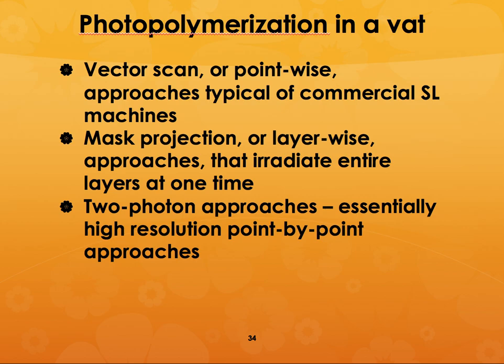Then the platform will shift down by a small amount. Then more resin will pour over your sample, and then the laser will scan the surface, the areas where the part has to be built, and it will keep on doing that till your final part is built.